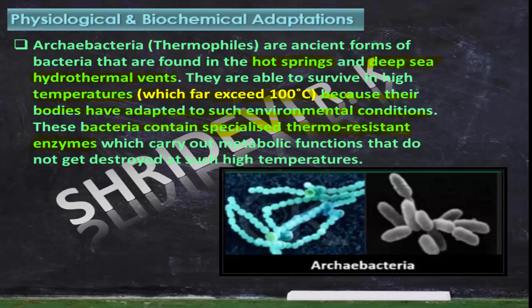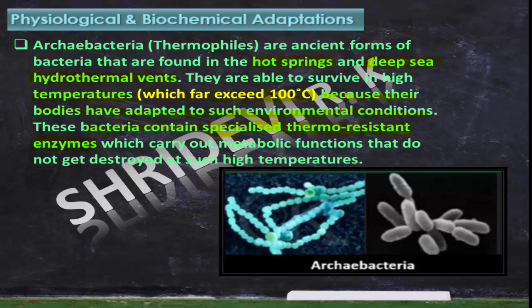Archaebacterial cell wall is different from that of other bacteria which belong to eubacteria. The cell wall of the archaebacteria is made up of pseudomurein, whereas the remaining bacterial cell wall is made up of peptidoglycan.